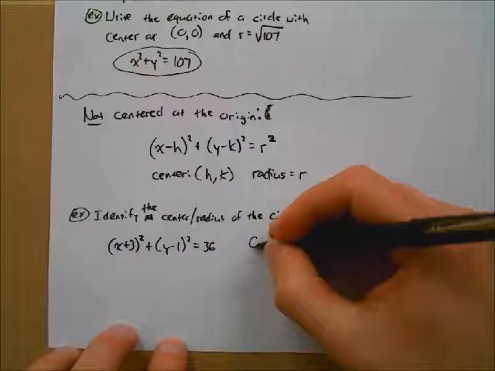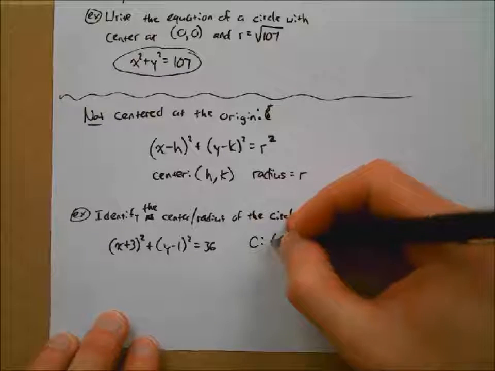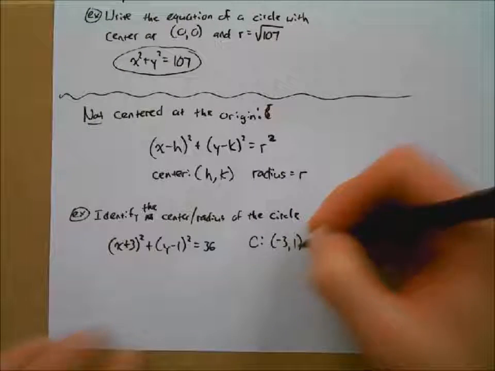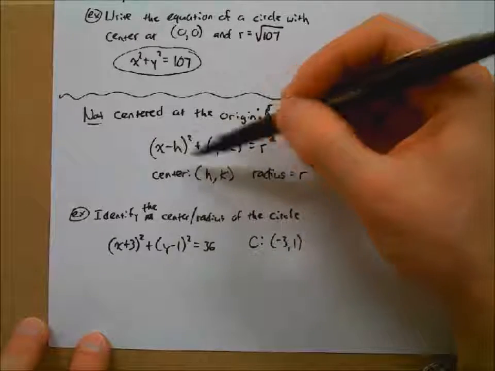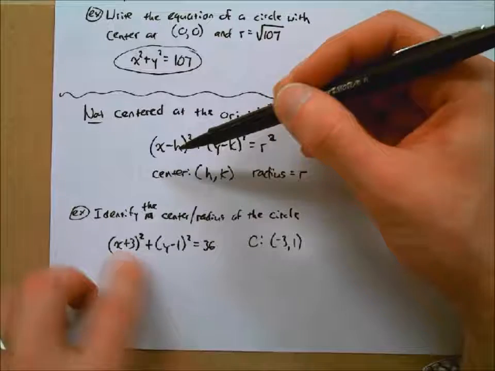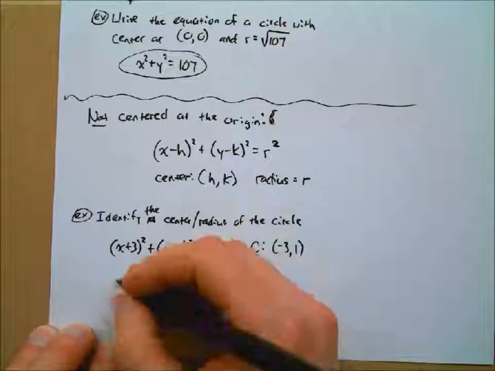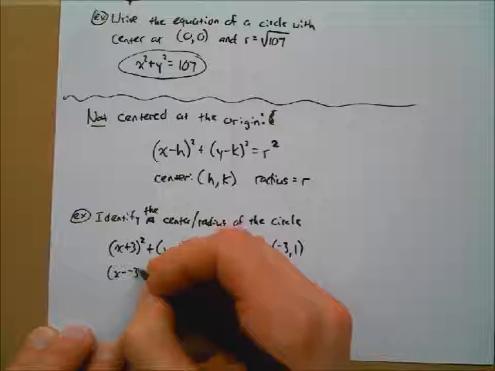All right, using this information here, what will the coordinates for the center of our circle be? Go ahead there, Stephen. -3, 1. Yes. Remember here that for the center to be h, it's got to be x minus h. We have x plus 3. How can I make that minus something? Remember, plus a positive is the same thing as minus a negative.